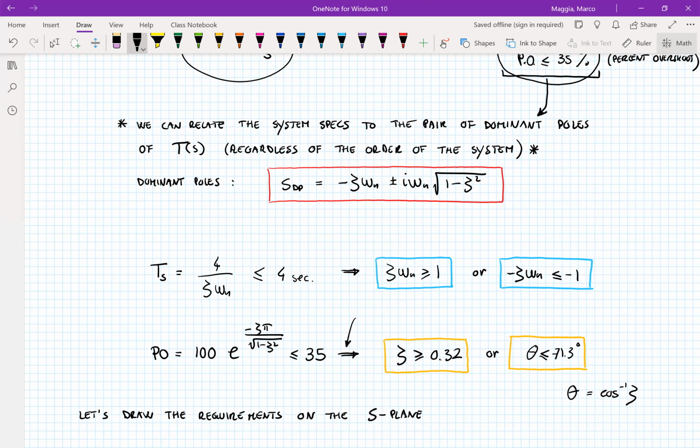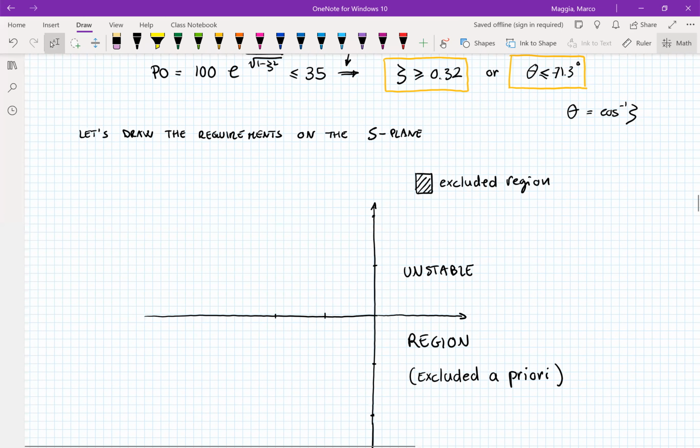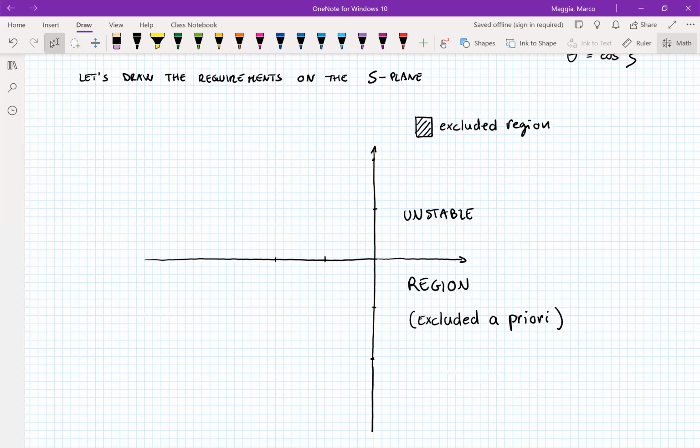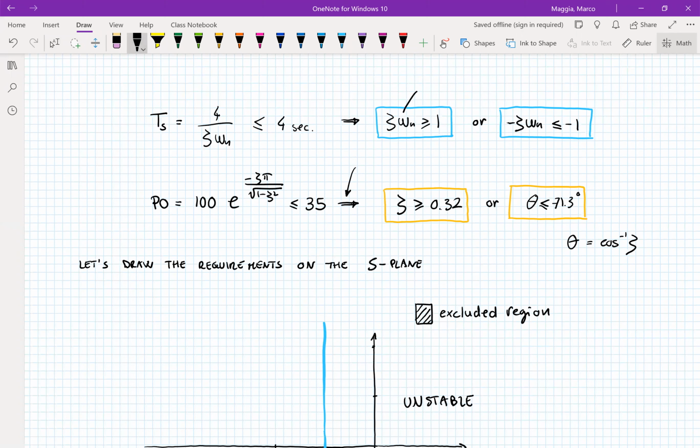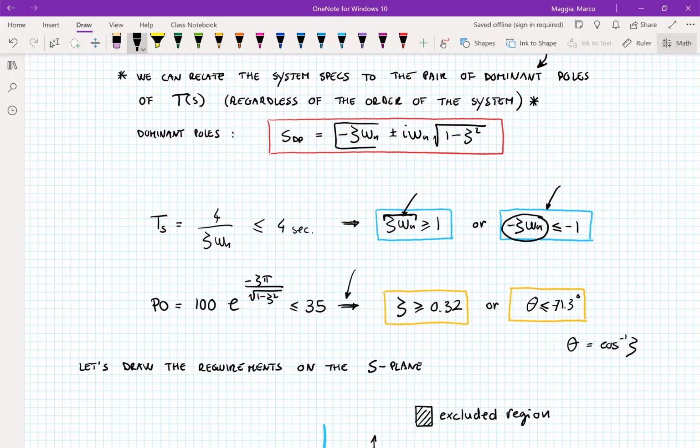Now, as we already know how to do, we can draw the requirements in terms of settling time and percent overshoot on the s-plane. So if we start with the requirement connected to the settling time, we wanted zeta times omega n to be greater or equal to 1, or better, this one is better because minus zeta times omega n is exactly the real part of our dominant poles.